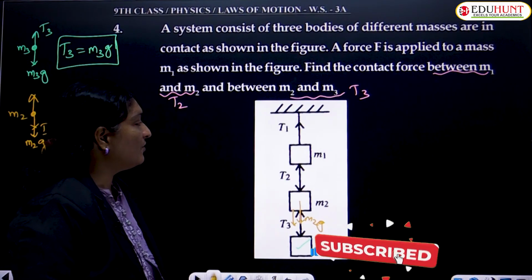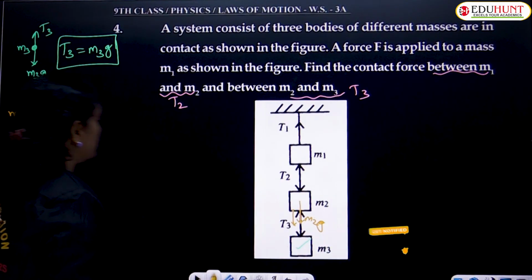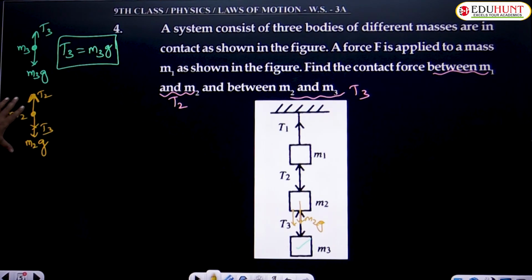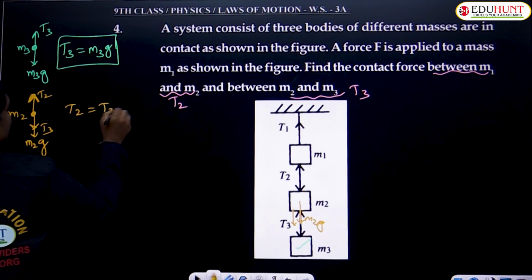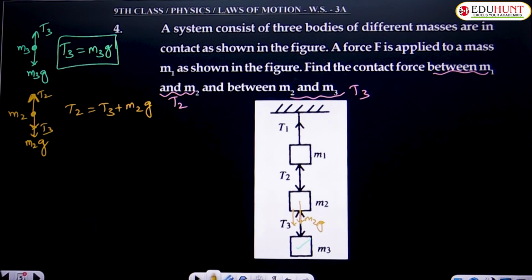What are the upward forces, children? Identify the upward forces. The upward force here is only one force, that is T2. So from the figure, we can clearly say that the upward force is balanced by the downward force. Hence, T2 must equal T3 plus m2g.